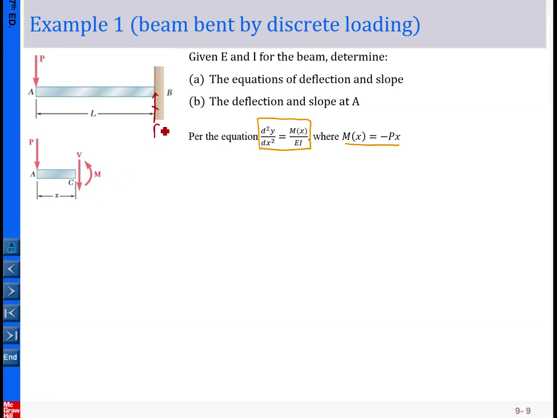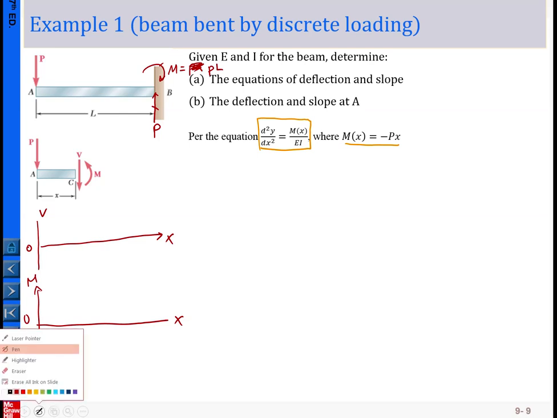The reaction is P, and the reaction bending moment is PL. Here we can draw x-V and x-M. For V, this is minus P.